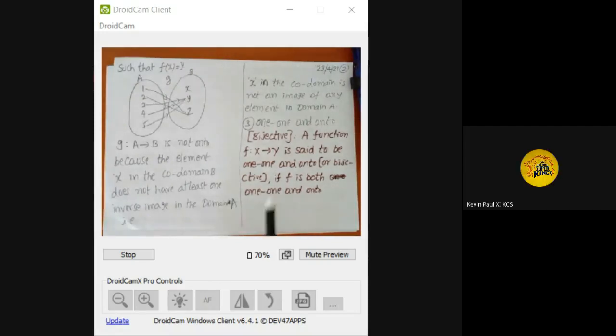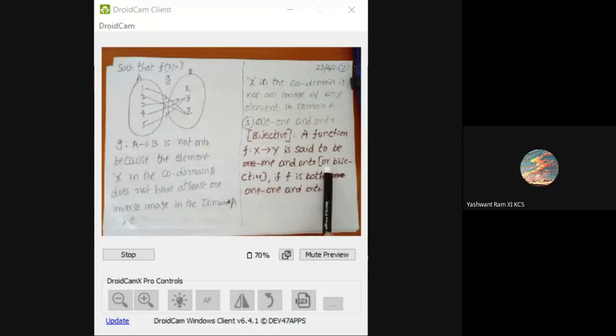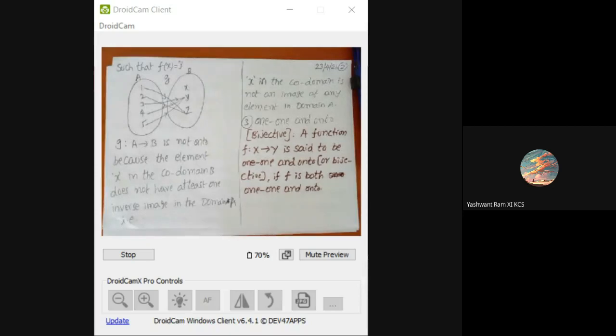A function f is a mapping from x to y is said to be one-one and onto or bijective if f is both one-one and onto. And last, Yashwantram. A function f is a mapping from x to y is said to be one-one and onto or bijective if f is both one-one and onto.